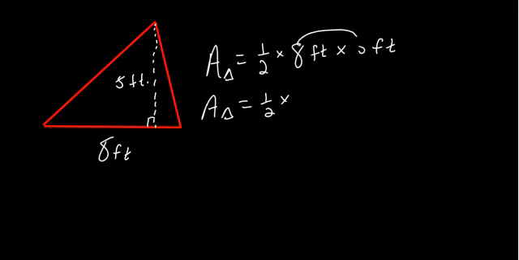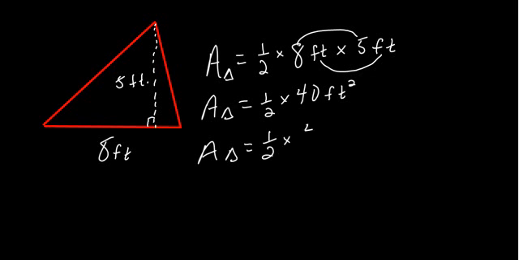So 8 times 5 is 40, and feet times feet is feet squared. So the area of our triangle equals, I want to emphasize here, multiply by a fraction. 1/2 times 40 square feet. Let's say that is 40 over 1 square feet.